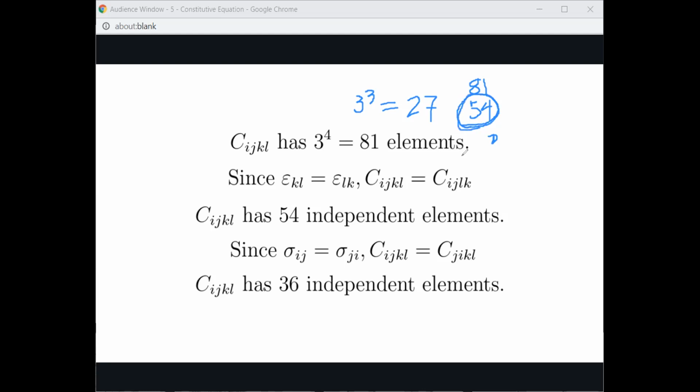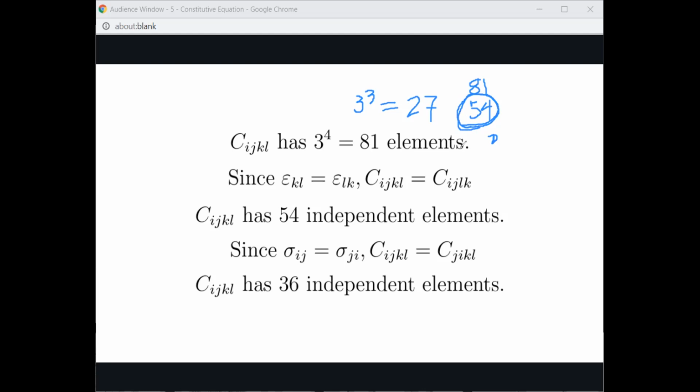So I wrote down all 81 elements and then what I did is, you might want to try this. I'm sure this is not the way to think about it properly. And I'm sorry about that, I forgot how to derive it.